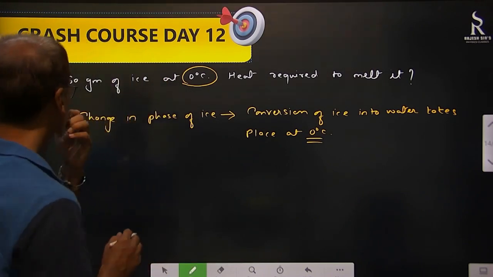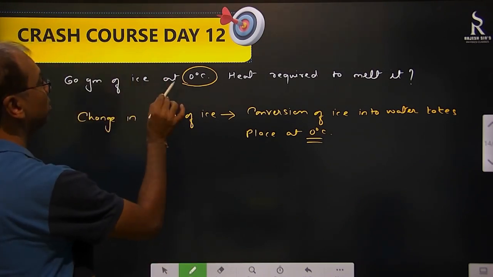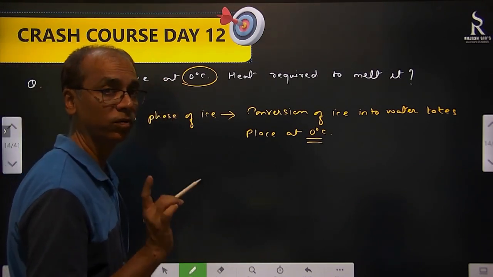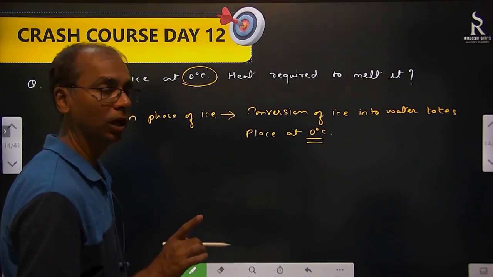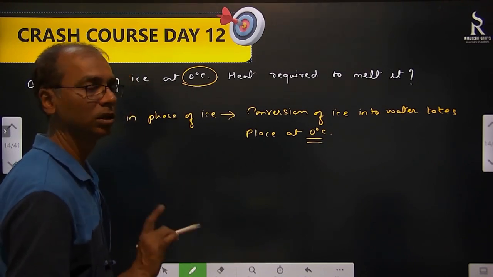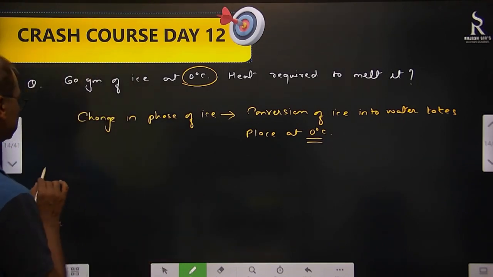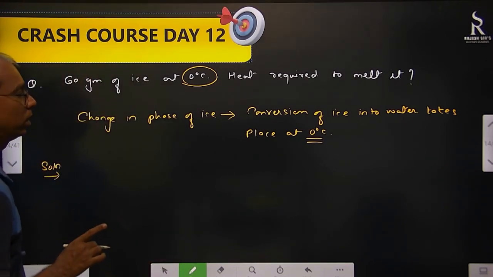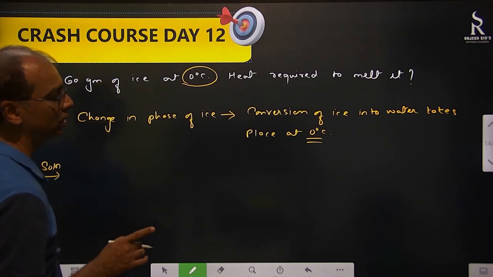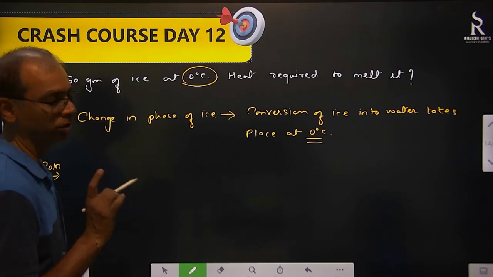So here, that means you want to convert 60 gram of ice into 60 gram of water. But temperature remains 0, right? So what is the answer then? So what heat you are going to give? Only latent heat, because temperature of water is not going to increase.